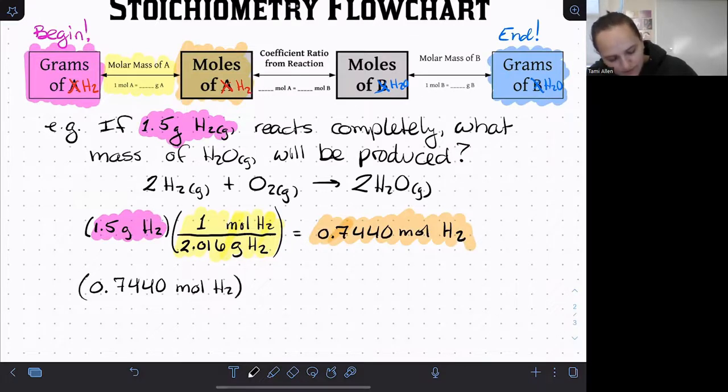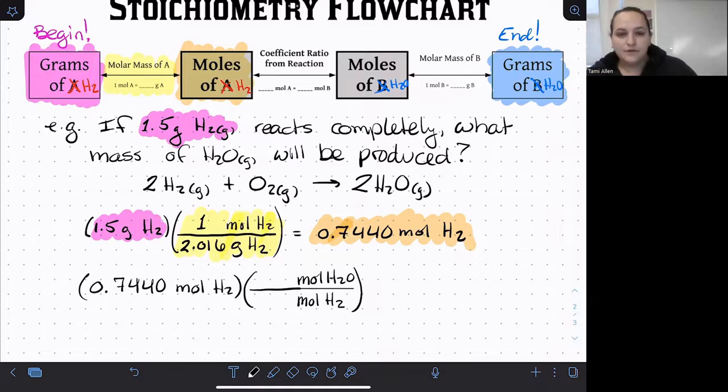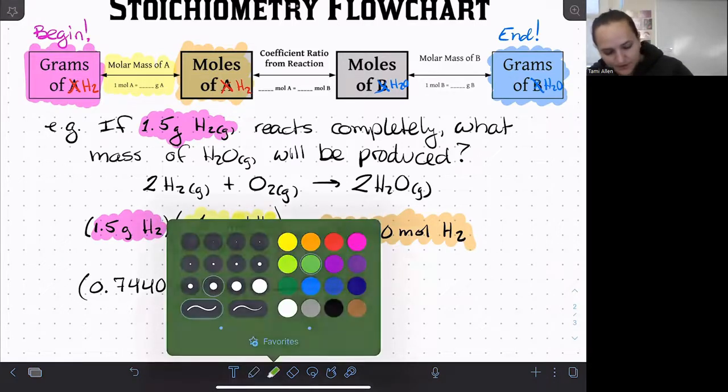and the next thing we want to do is convert it into moles of the other substance we're interested in, which is water. So again, original unit needs to go on the bottom so that that cancels out. New unit goes on the top. So our conversion factor here is our coefficient ratio from our balanced reaction.